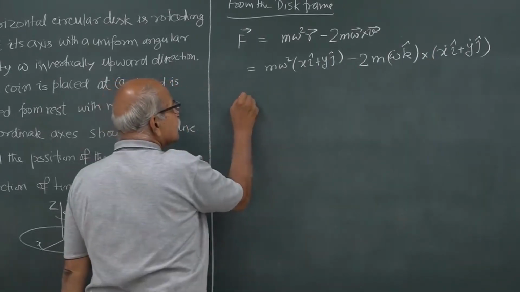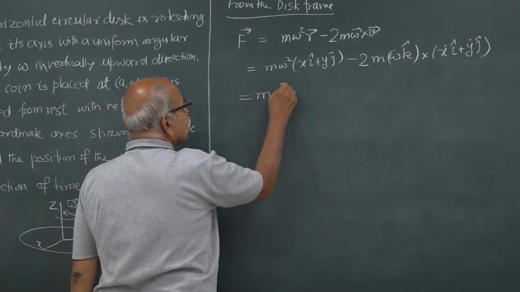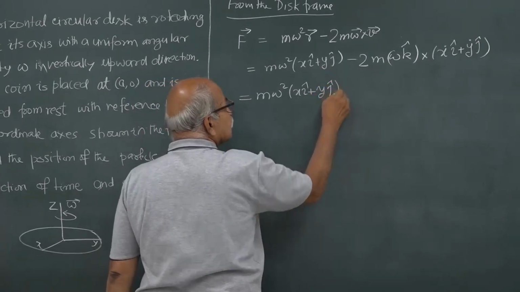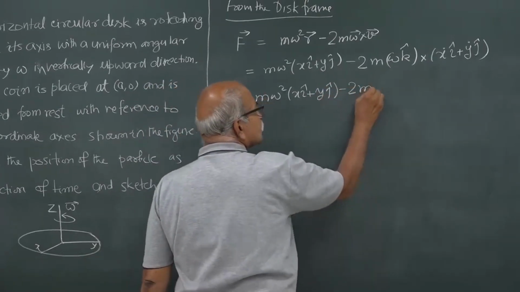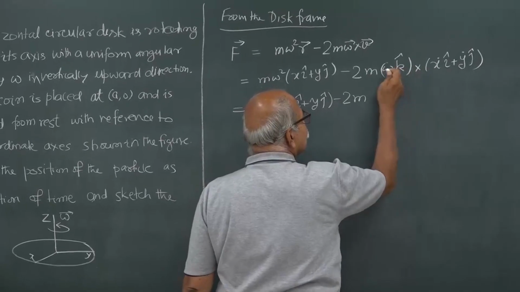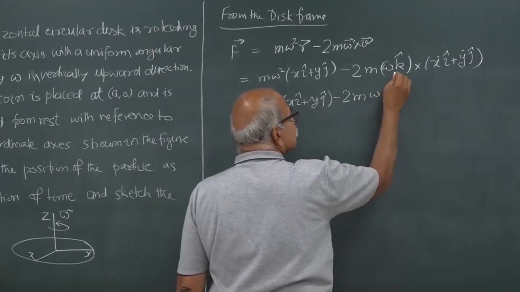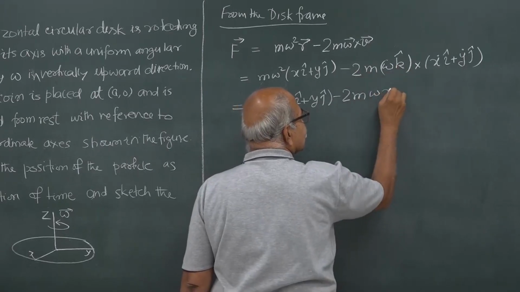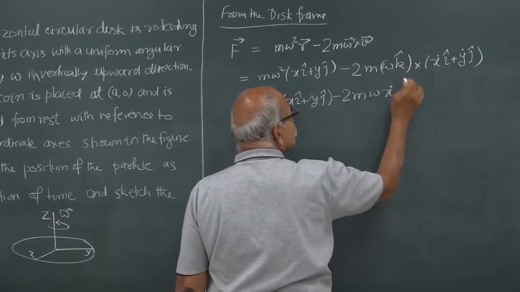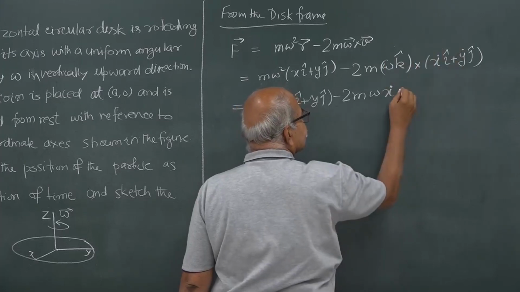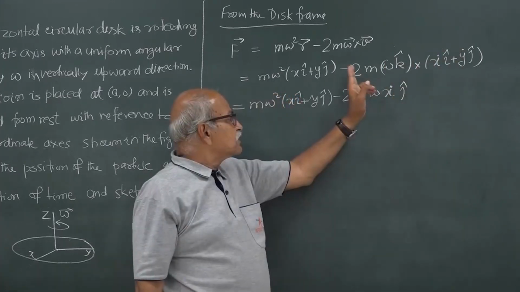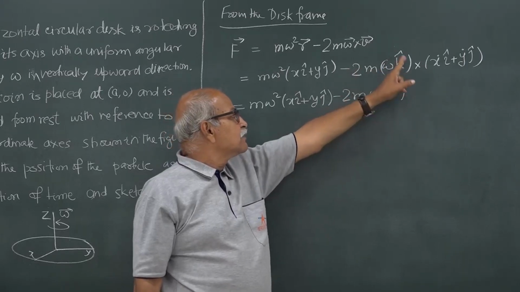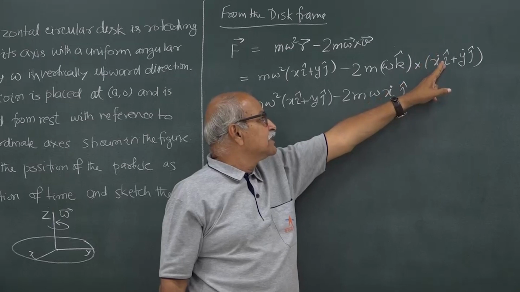So, this is m omega square (x i cap plus y j cap), and then minus 2 m omega k cap cross x dot i cap, and k cross i is j cap.